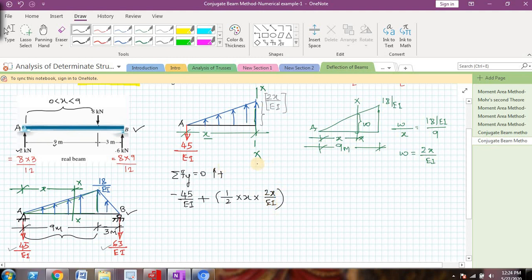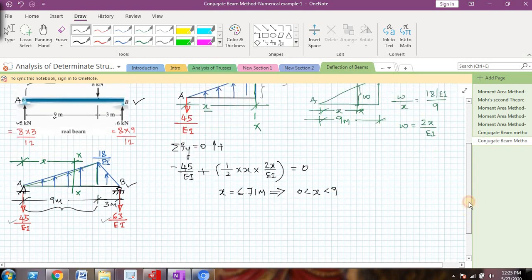No other force is there in the vertical direction, so I can equate it to 0. The only unknown is x, which you can solve, and you will get x as 6.71 meters. This also tells us that x is between 0 and 9, as per our initial assumption.